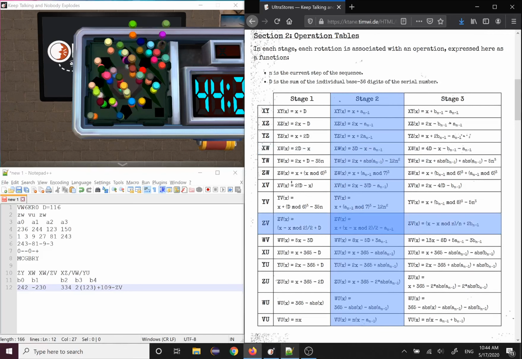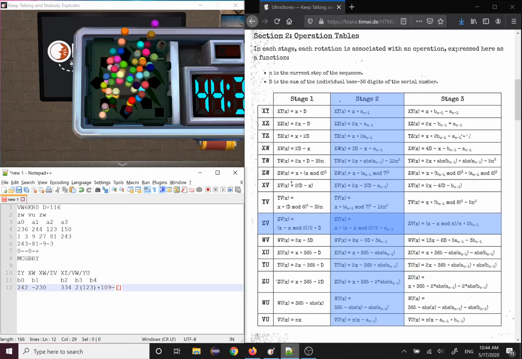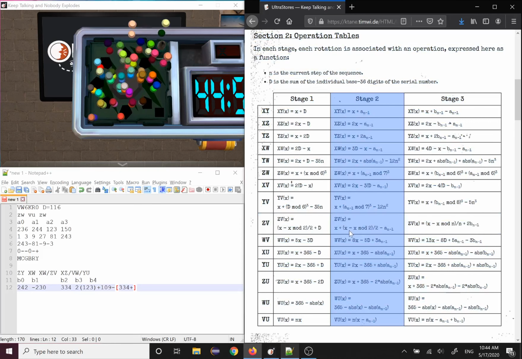ZV is going to be, I put square brackets for functions that are subtracted because the reason will become clearer, but it is also for notational purposes. So x, we have 334 plus x minus x mod 2. So in fact this whole expression is the floor function, which is x divided by 2, and then taking the greatest integer that is smaller than it.